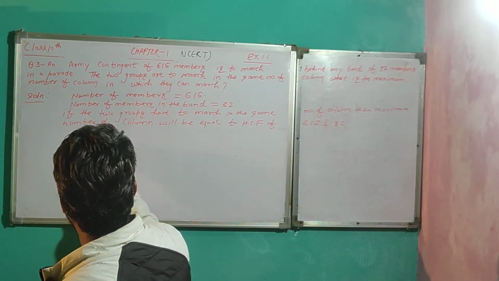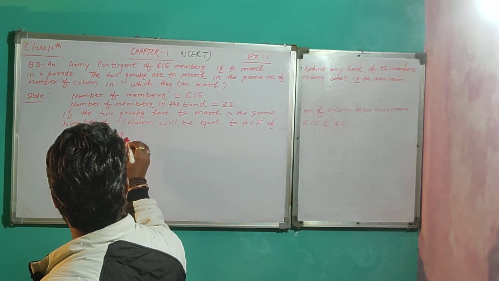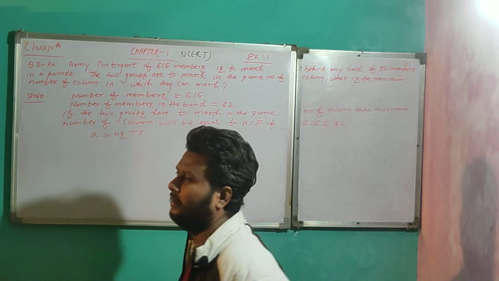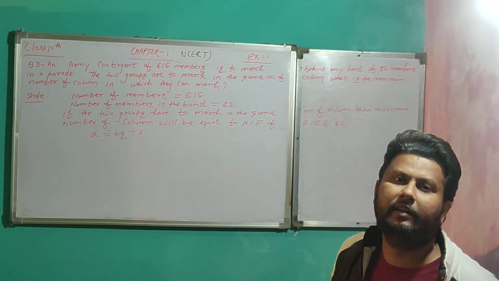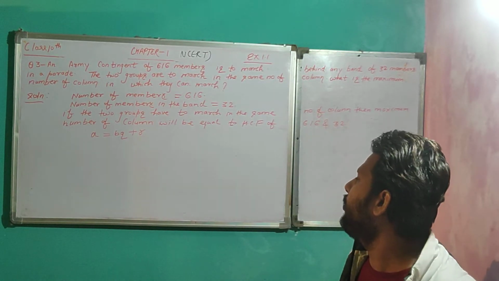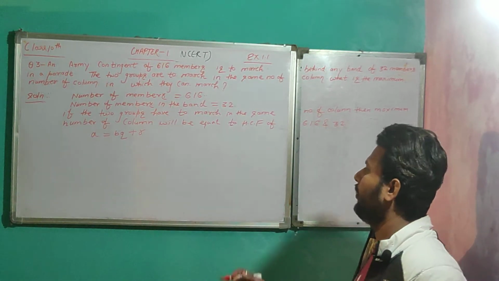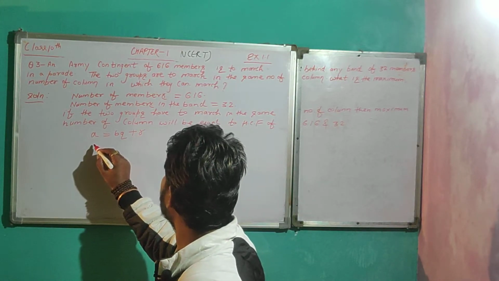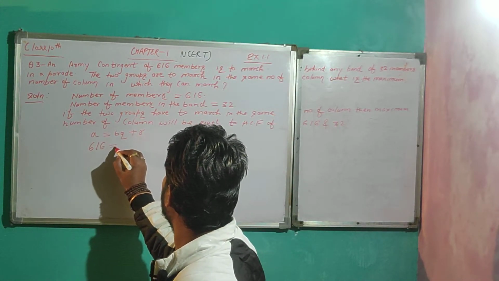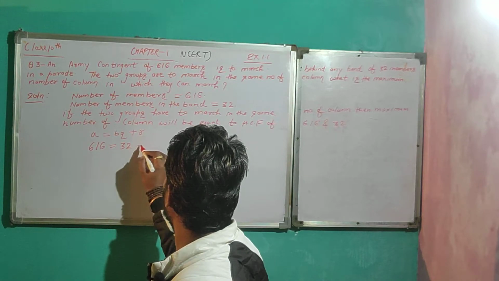So a is equal to bq plus r. This is the Euclid division algorithm. a is equal to bq plus r. Now the value of a is 616. The value of b is 32.